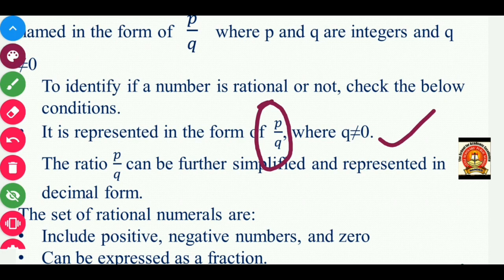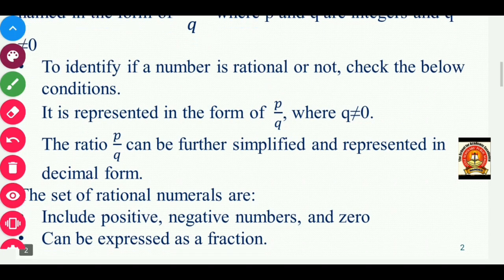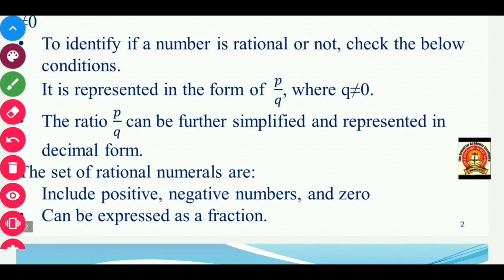And here the ratio p by q you can further simplify and represent in decimal form also if you want. So friends, the set of rational numbers includes positive and negative numbers along with 0, and rationals can also be represented as fractions. So you can call any number which is in the form of p by q a rational number, where the denominator q should not be equal to 0.